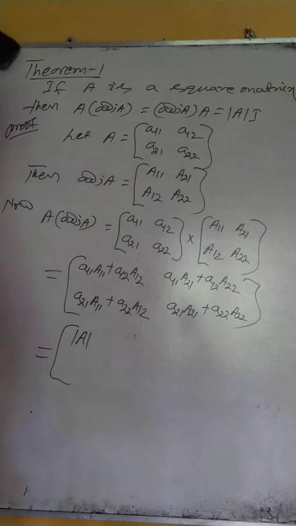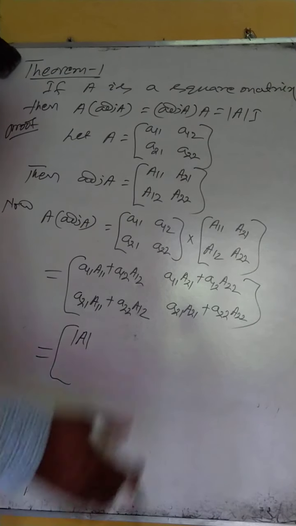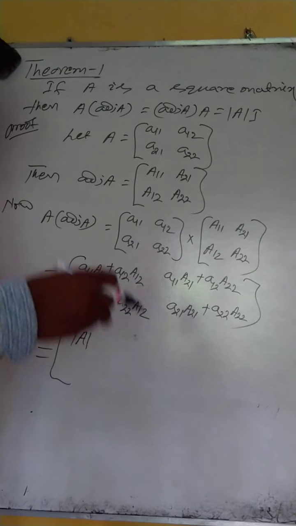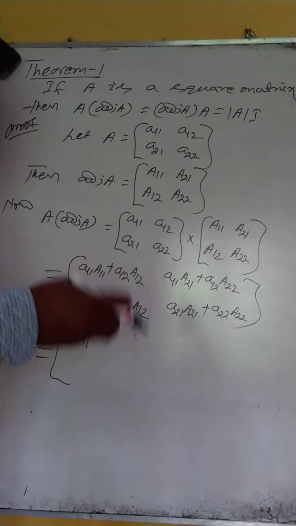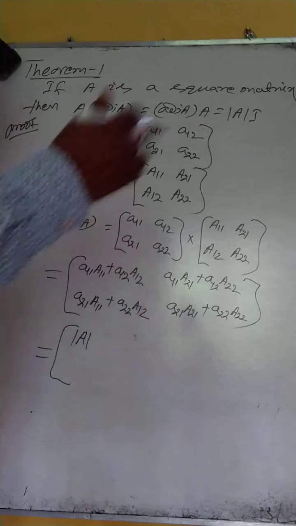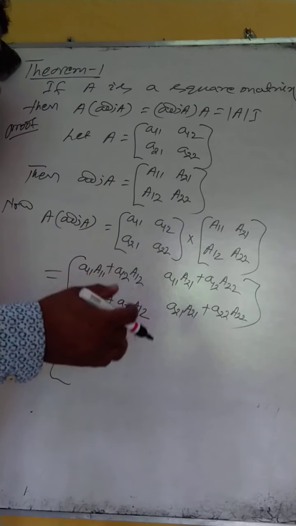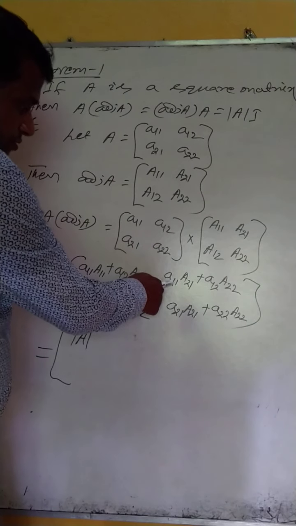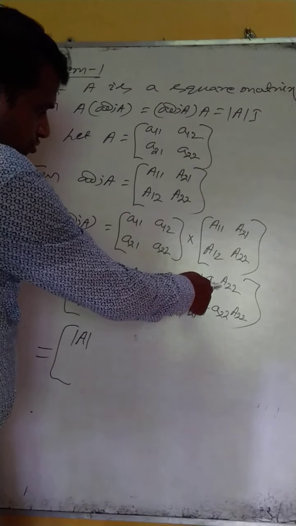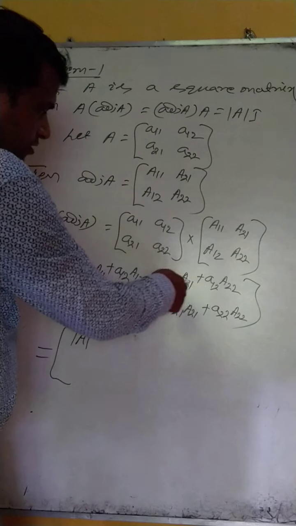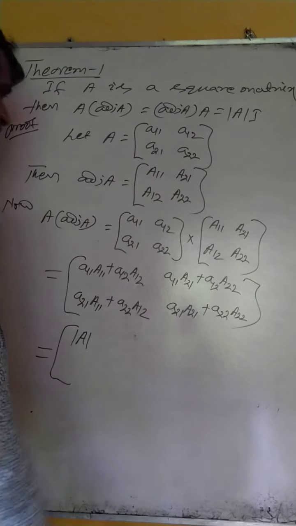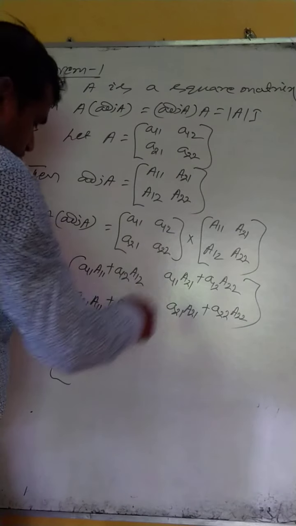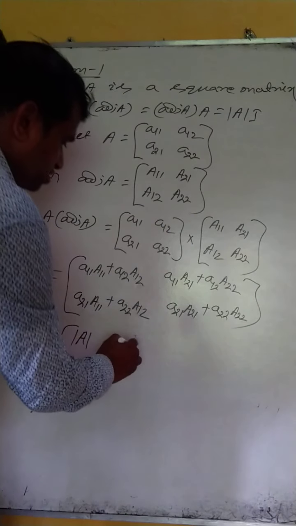Similarly, you know in the property of a determinant, the sum of the products of the elements of any row or column and the corresponding cofactors of any other row or column of the determinant is 0. Here the element of the first row and the cofactor of a second row element, so the sum of the product is 0.